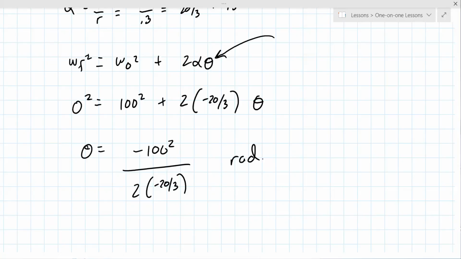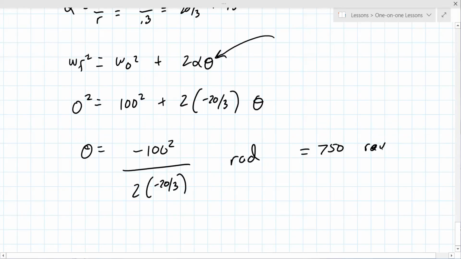Yeah, I get theta is 119 revolutions. Is that close to the answer? I think so. Let me check. I get 750 radians.